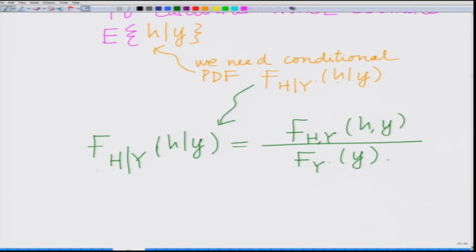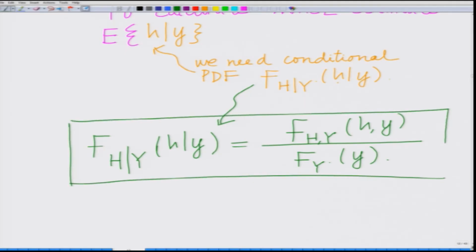This is an important relation to keep in mind, and this is the relation we are now going to use to compute this conditional. Remember, this is the conditional PDF.